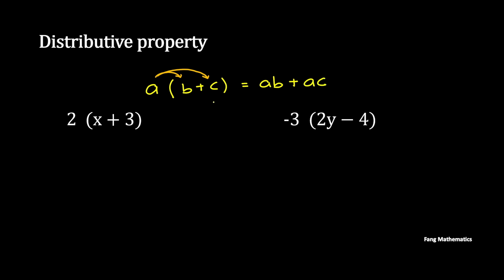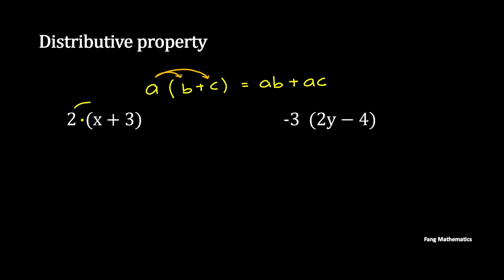And we are to perform the distributive property in algebra. So let's look at our first example. You have the 2 directly attached to these parentheses. You see that there is no operation in between the 2 and the left-hand side parenthesis, so we assume it is a multiplication. So we are to distribute to each element inside the parentheses in order for us to remove the parentheses.